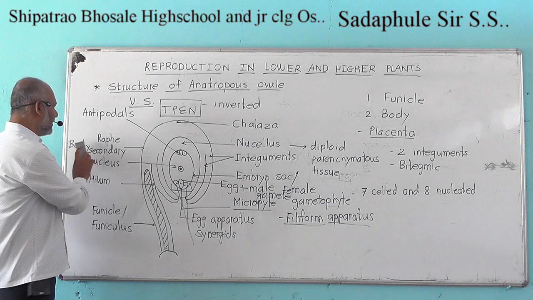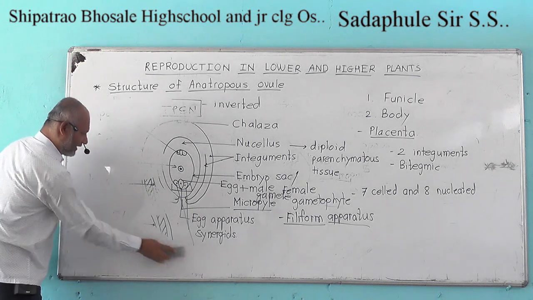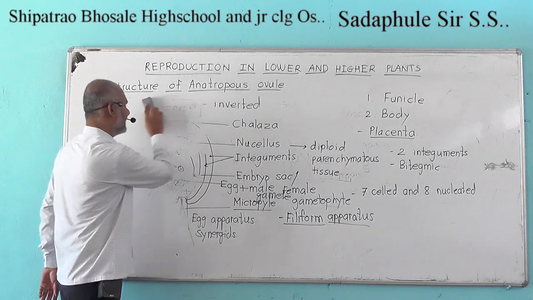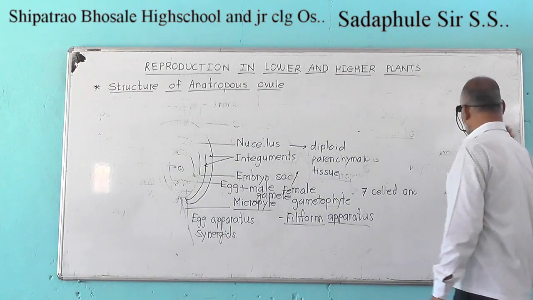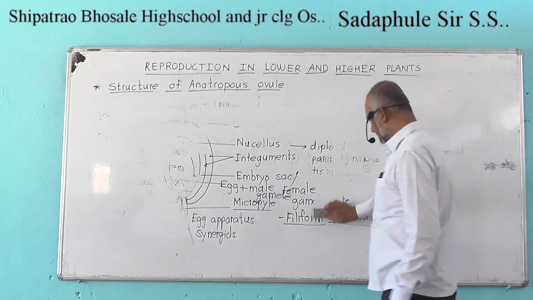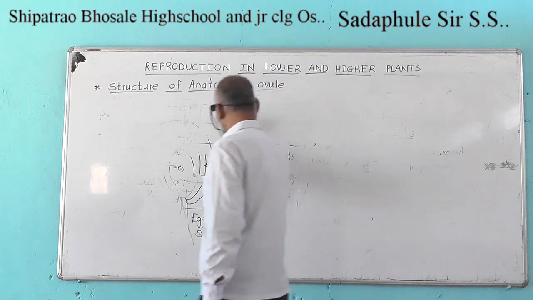And now we have to study how this female gametophyte or embryo sac develops in angiosperms. That is the development of the female gametophyte in angiosperms.